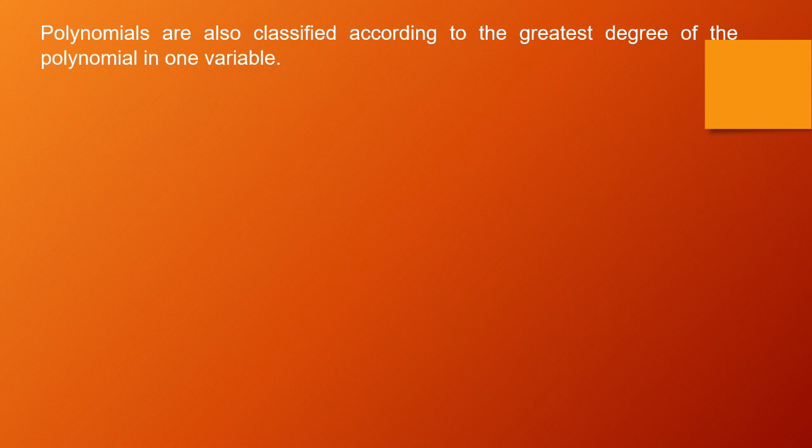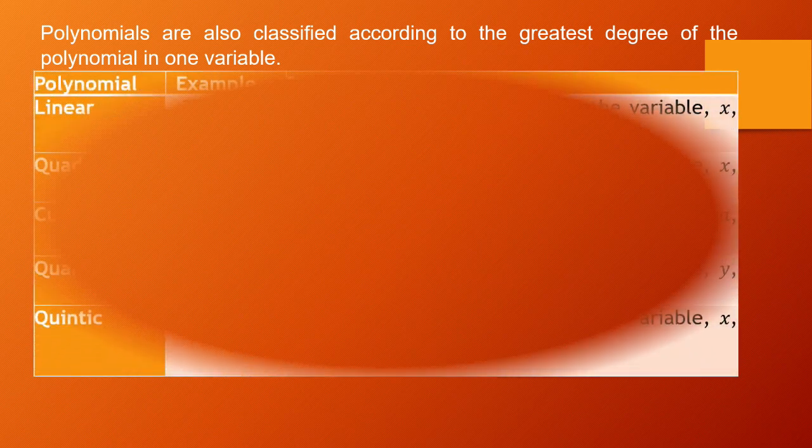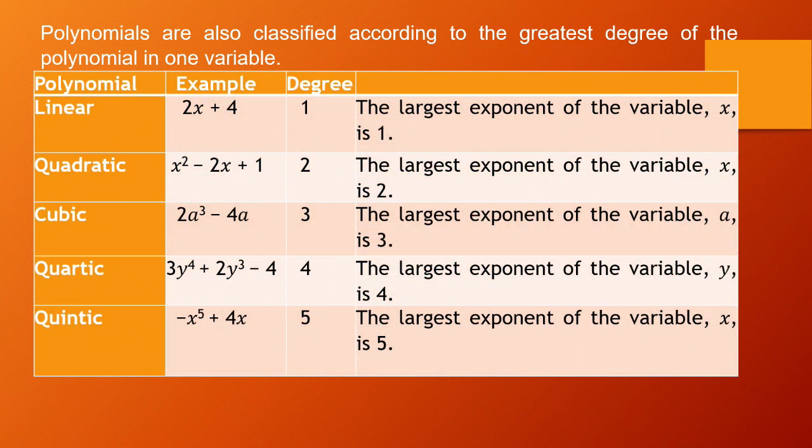And the third one is cubic. Example is 2a cubed minus 4a. The degree is 3, and the largest exponent of the variable a is 3. Next is quartic. Example, 3y raised to 4 plus 2y cubed minus 4.